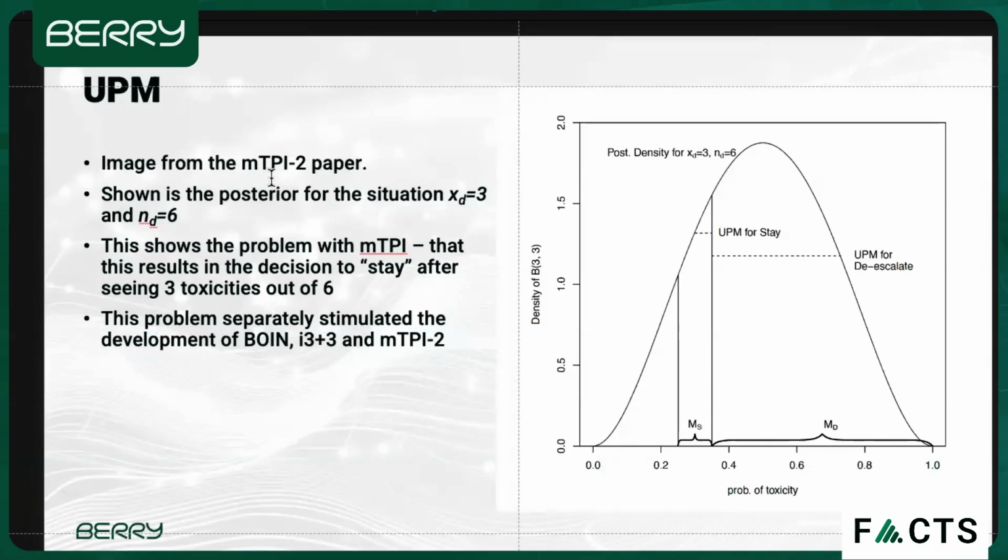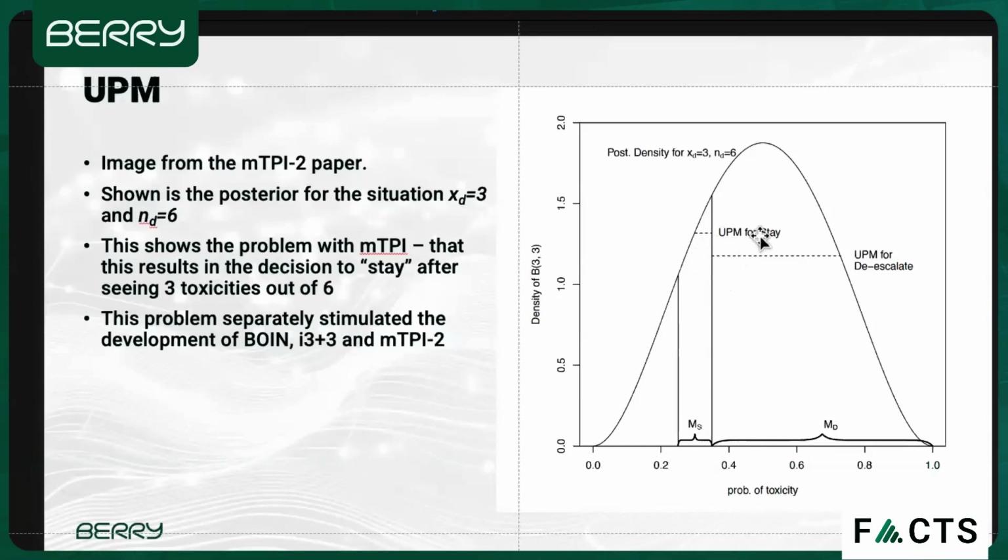So this picture actually comes from the MTPI2 paper, and you can see here we have some beta distribution. In this case, it's for seeing three toxicities out of 6 observations. We have a target toxicity interval lying somewhere in the range, something like 0.25 to 0.35.